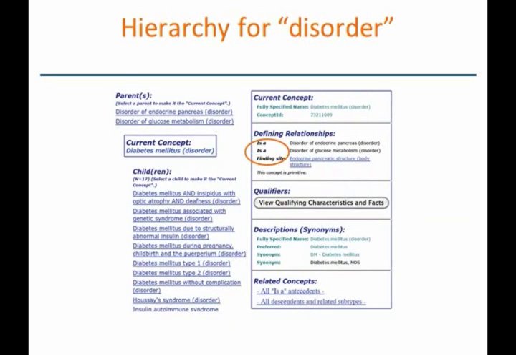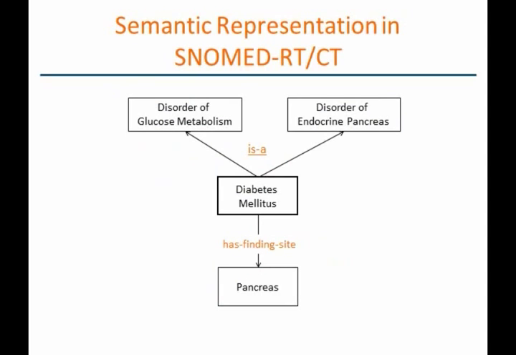Now I'm using the website for SNOMED here, we can look at the different hierarchies and see where diabetes points up to. First, let's look at the hierarchy for disorder. And we see here, quite interestingly, that, again, it's a polyhierarchy. Diabetes mellitus is a disorder of glucose metabolism, yes, and it is a disorder of the endocrine pancreas.